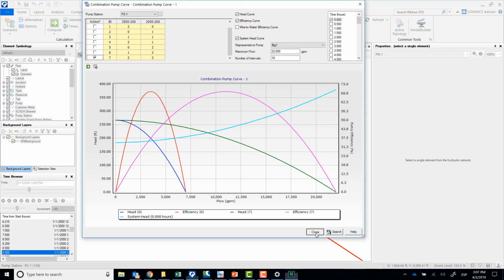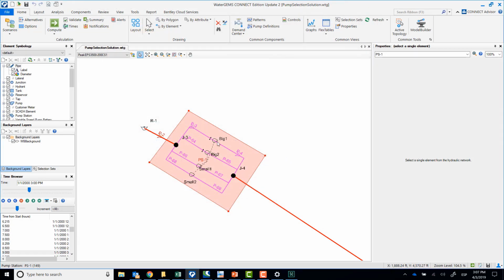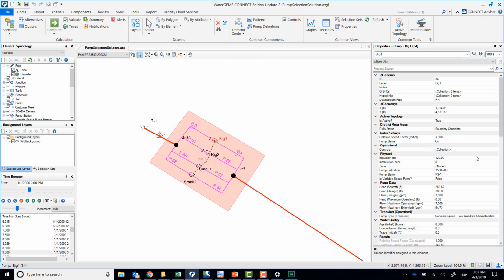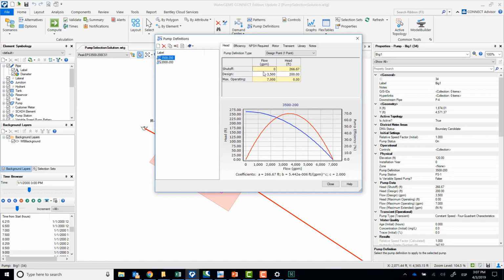I'm going to close here and show you one thing. So when we input our design point, notice that that's the only information that we're giving. So using these coefficients here, it generates a standard pump curve.